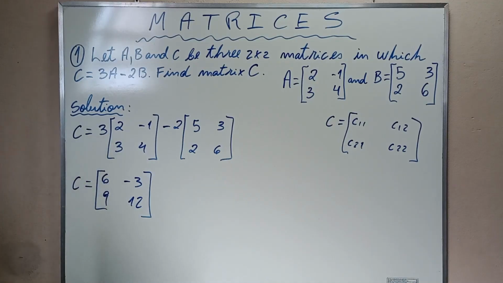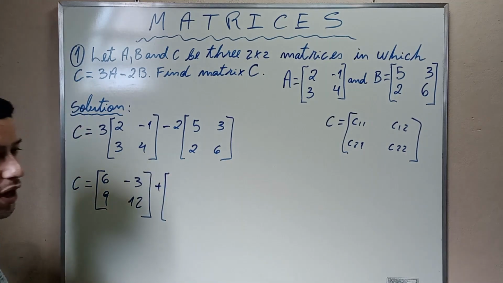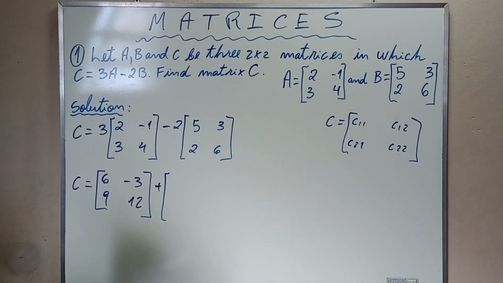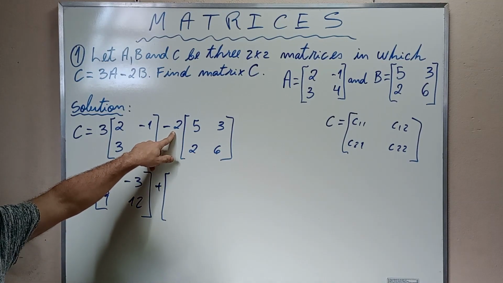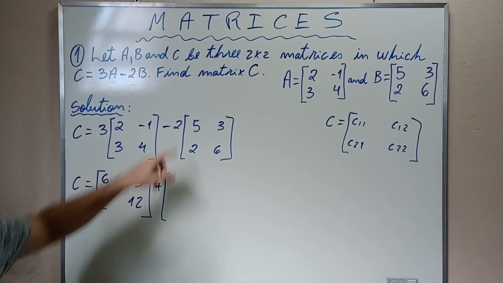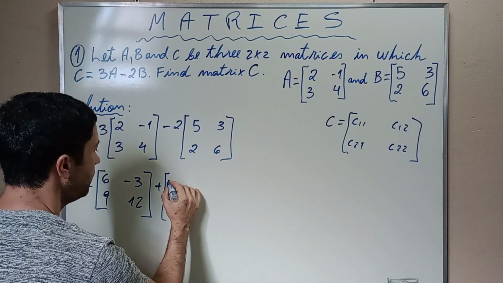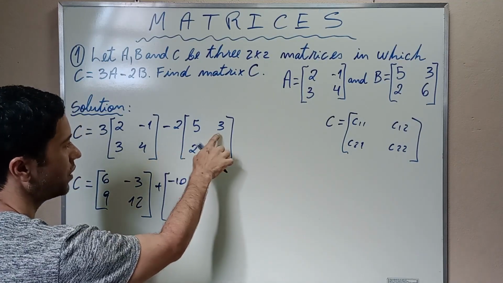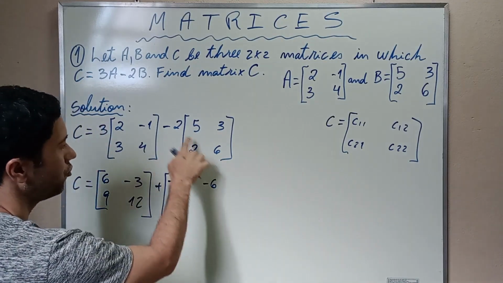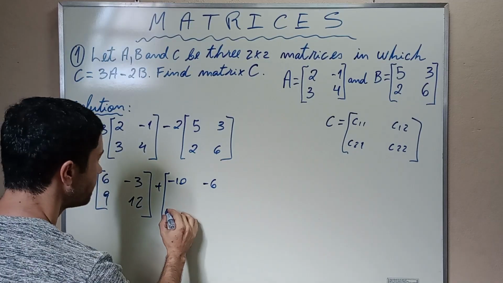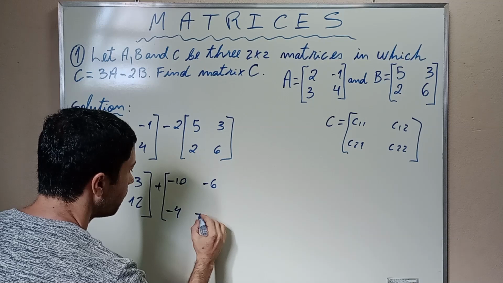Plus, observe that when carrying out scalar multiplication, we multiply every entry of the matrix by the scalar, okay? Negative 2 times 5 is negative 10. Negative 2 times 3 is negative 6. Negative 2 times 2 is negative 4. And negative 2 times 6 is negative 12.